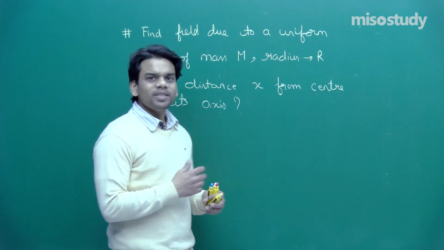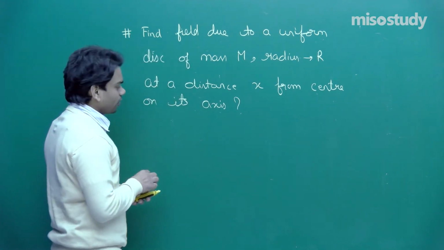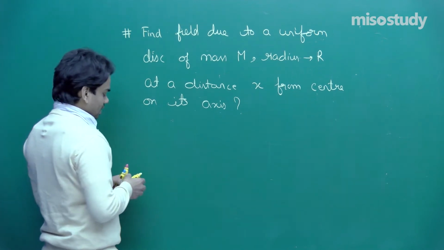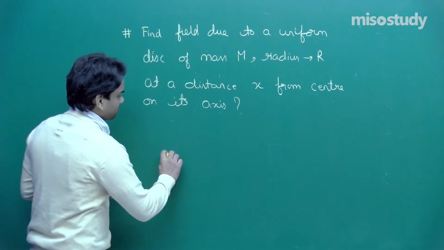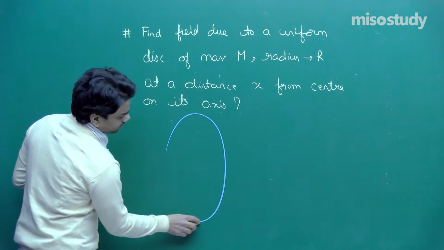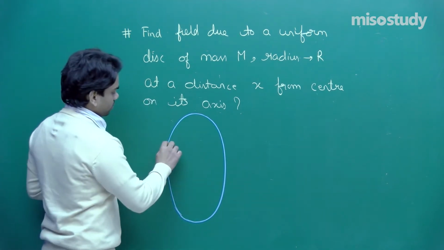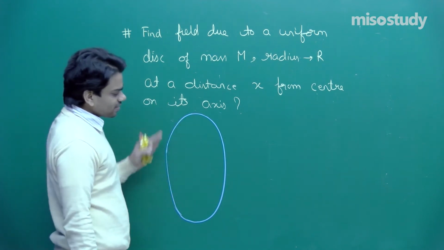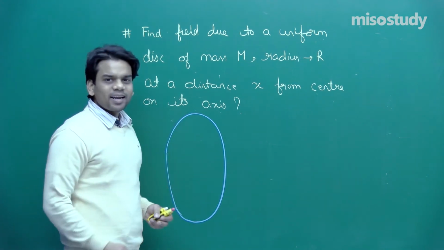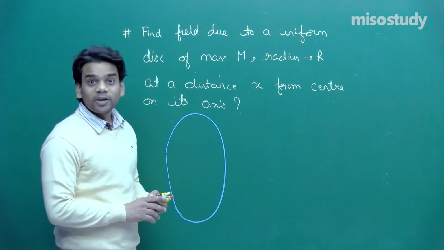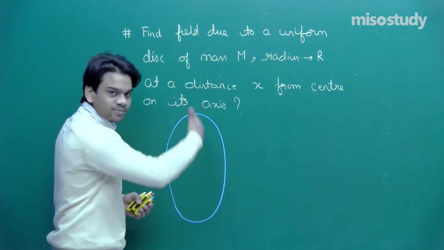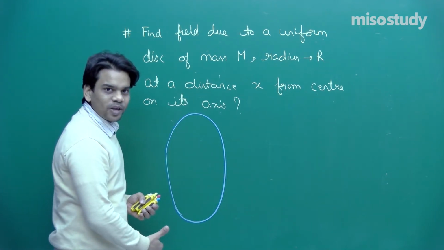Now what will be the scenario in this given question? How will it look? This is how the disk will look. See that this is a uniform disk, entirely solid, and its plane is lying perpendicular to the plane of the board.